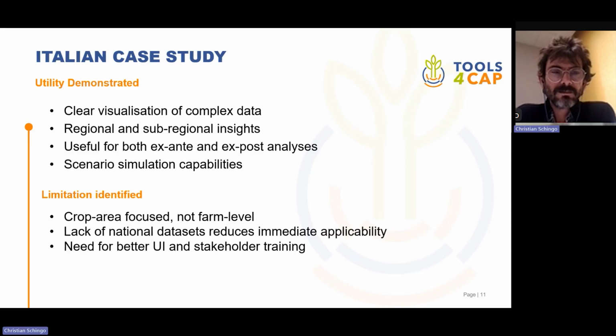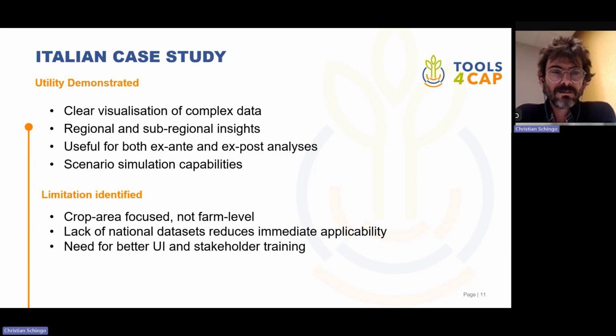In the beginning, we thought that this instrument could be potentially usable for ex-post evaluation of the strategy papers, but speaking with the auditors that participated in the Italian case studies, it has been evident that the result of utilizing this tool could be potentially interesting also for the ex-ante evaluation.